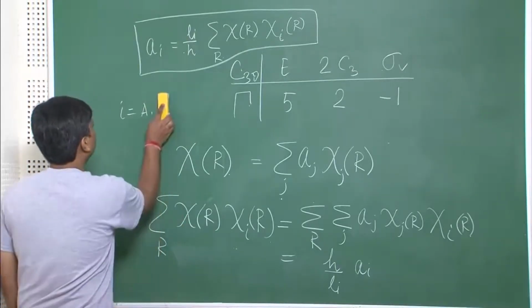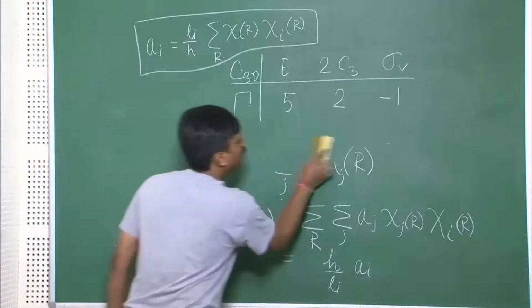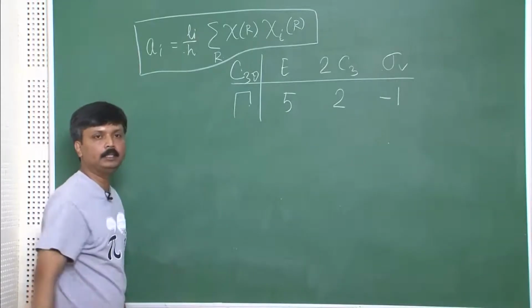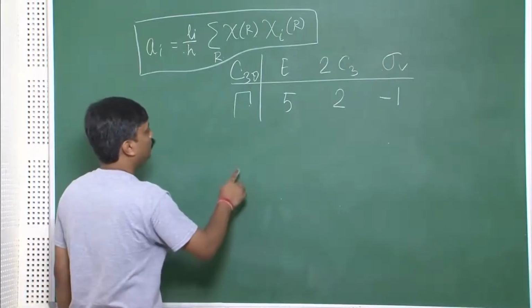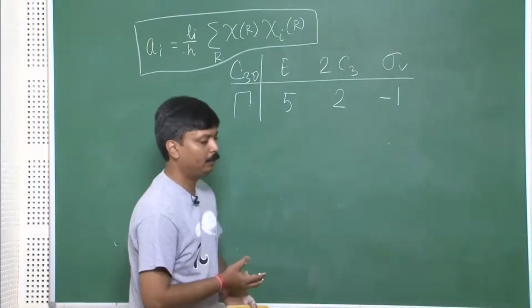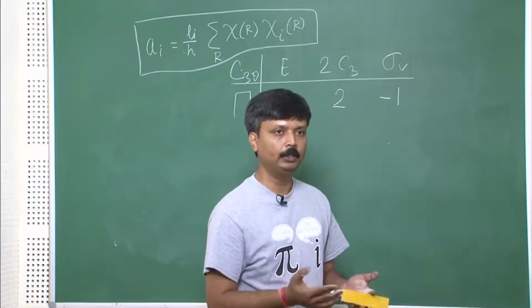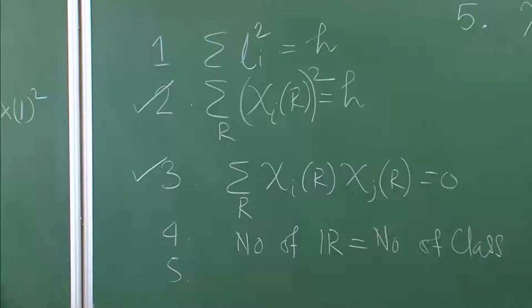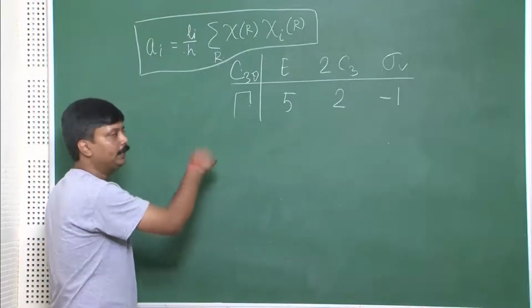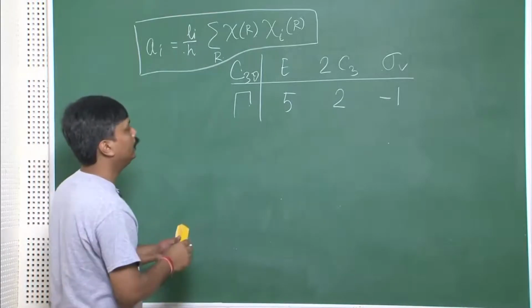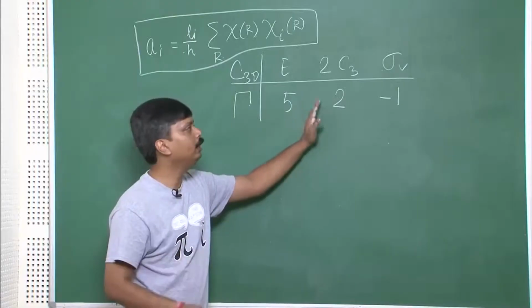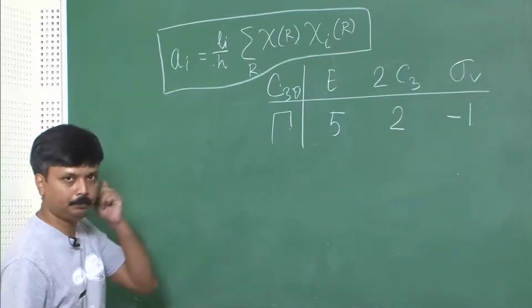Alright. So now just to illustrate this particular relation, you can apply this one on this particular representation. Whenever you are given a representation, you have to first see if it is reducible or not. You can check by following the equation 2 whether it is reducible or not. So we have already stated that it is reducible, because the square of the characters, if I add, then it is greater than h.